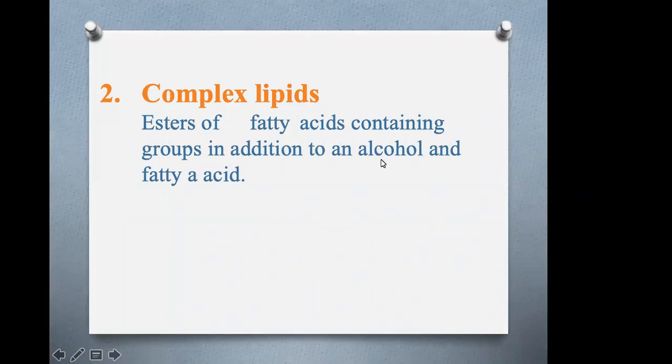In simple lipid, there was one alcohol and one fatty acid. But in complex lipid, there is an additional group. That's why it is called complex lipid. We will see in the coming slide what that additional group is.